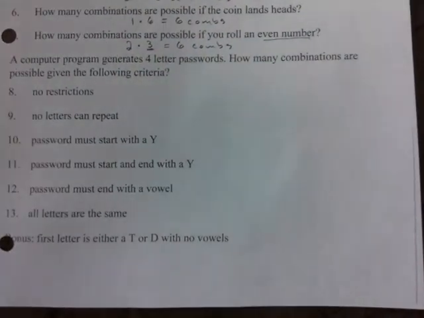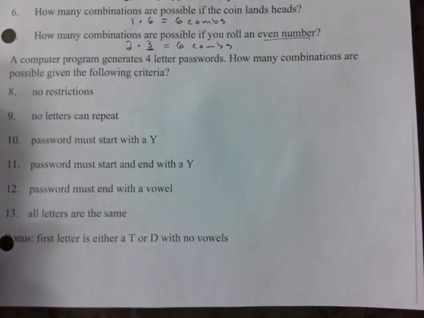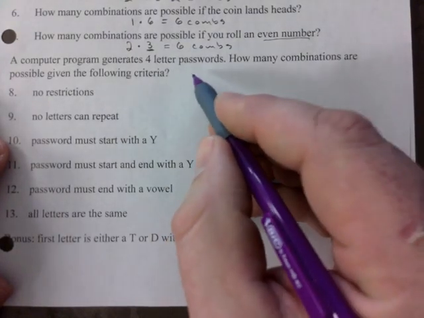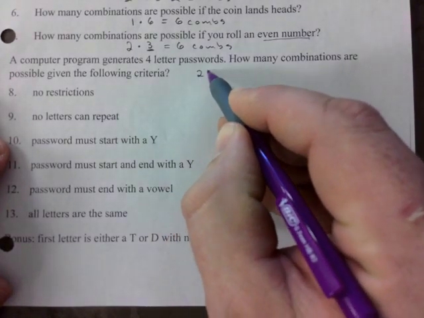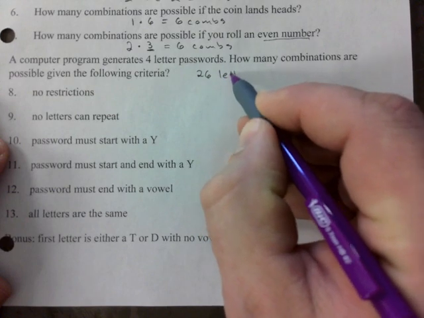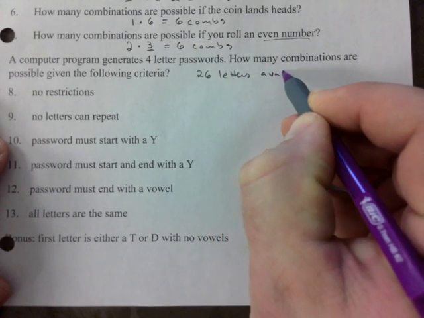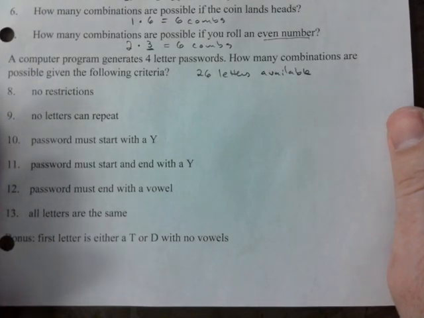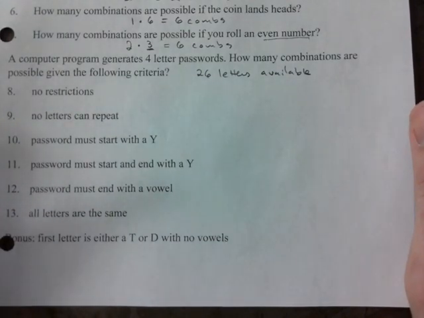Keep going. A computer program generates 4-letter passwords. How many combinations are possible given the following criteria? I was hoping that you know that 26 letters are available. Later on, maybe I did it in the notes already, special characters come in, even lowercase, uppercase.